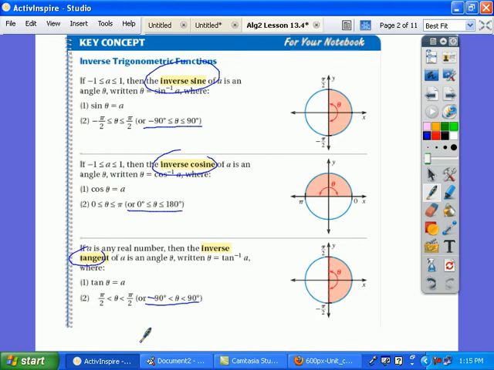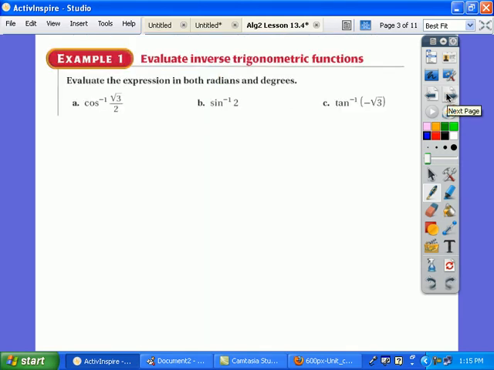Let me show you this in application. Again, you don't need to memorize this. You just need to have some understanding of why we're only getting one value out from the calculators. So for instance, cosine inverse of radical 3 over 2. This would be the same as saying, if I took cosine of some angle theta, I would get out radical 3 over 2. And the question is, what theta does that?